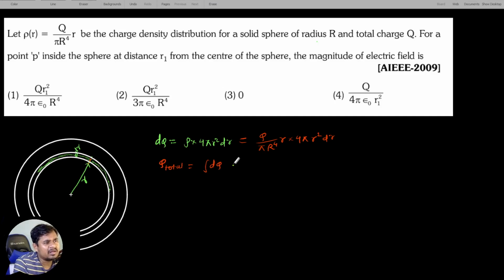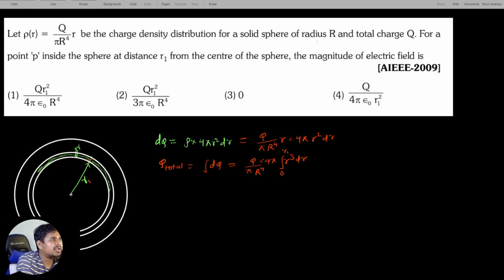When we integrate, the constants q by pi R raised to the power 4 and 4 pi are taken out, and this is r cubed dr, and we will be integrating it from 0 to r1.